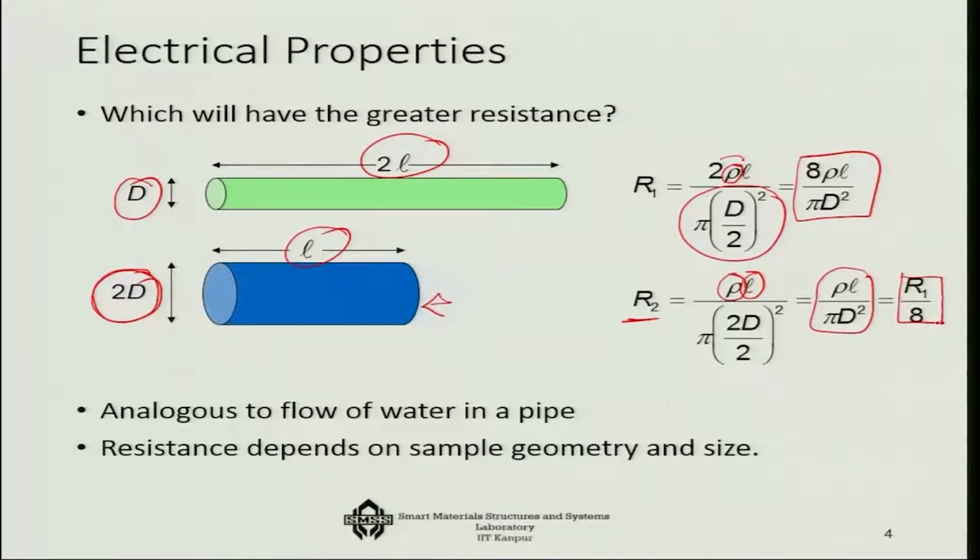So, if I double the diameter, my resistance comes down by a factor of 4 for the area, and on the other hand, if I double the length, then my resistance increases. This is actually analogous to flow of water in a pipe, and this also demonstrates that the resistance depends on sample geometry and size, but resistivity is an intrinsic material property.